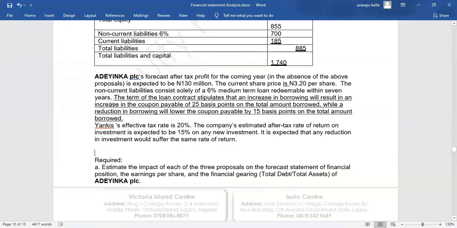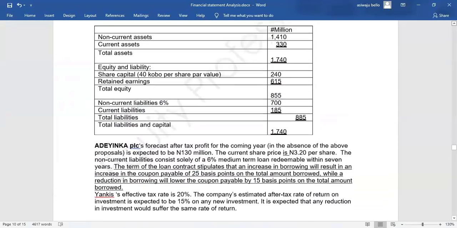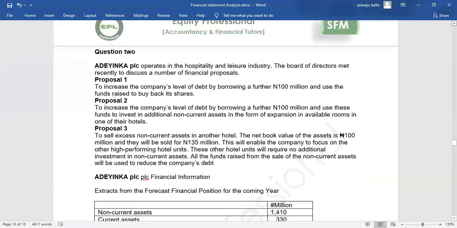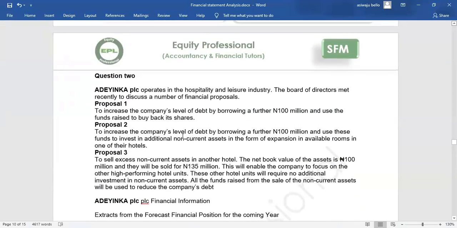Proposal 1: to increase the company's level of debt by borrowing a further 100 million and use the funds raised to buy back the company shares. Let us go and look at the impact of proposal 1.